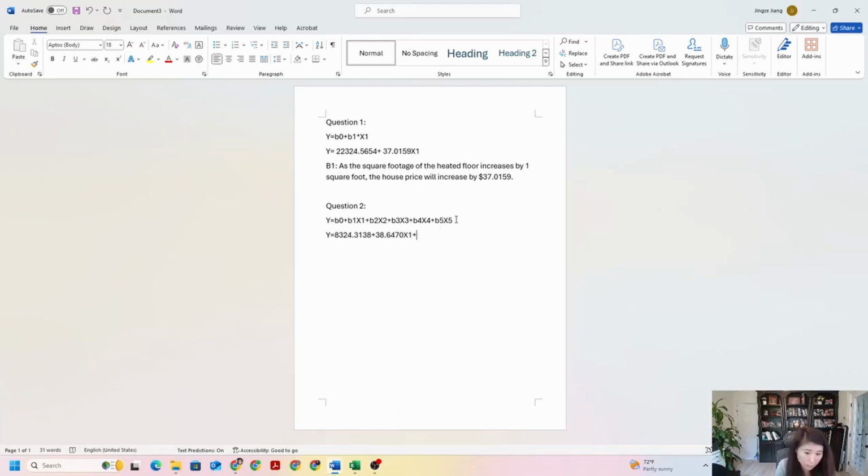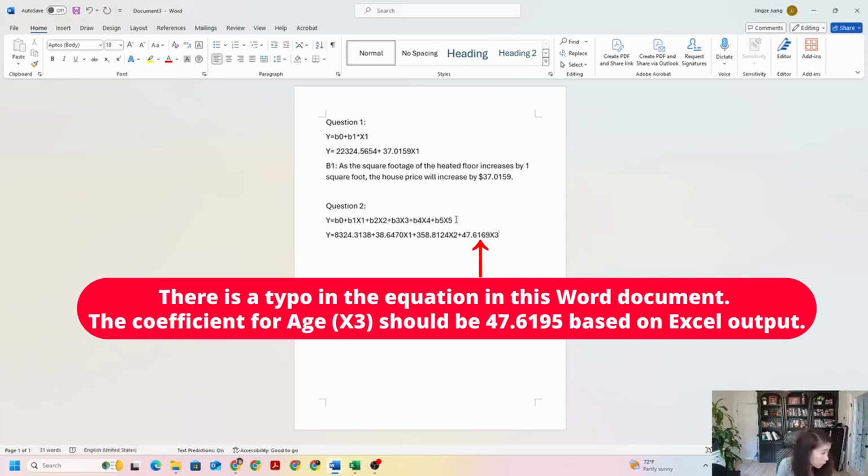8324.3138 plus 38.647 x1 plus 358.8124 x2 plus 47.6169 x3, and the next one is actually a negative value, minus 70.4354 x4, and then plus 21255.7565 x5.